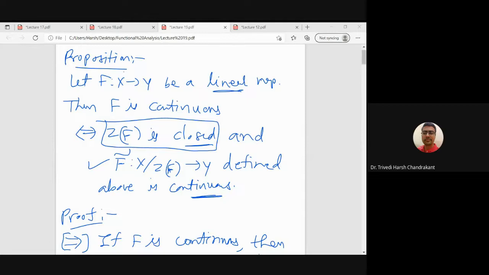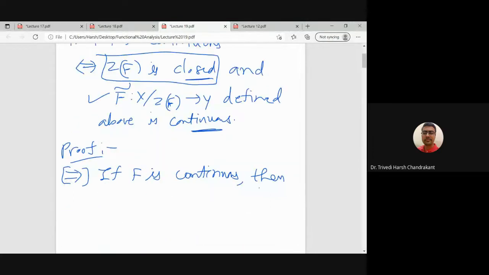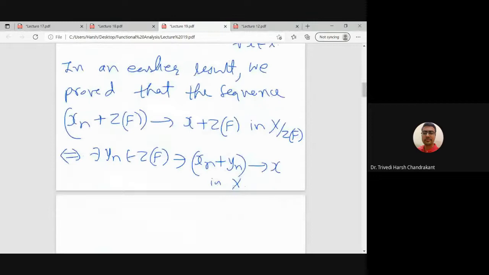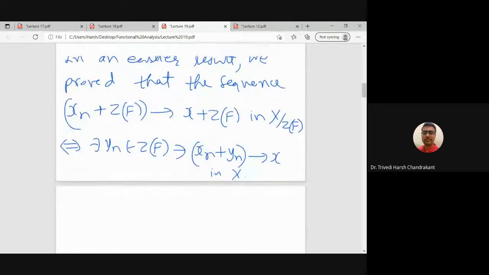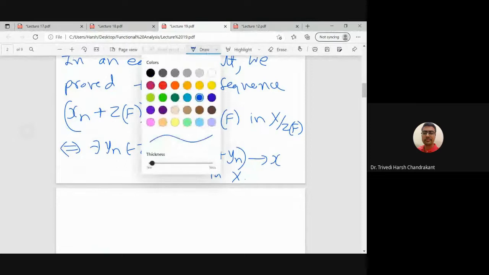So if you want to show f tilde is continuous, what we need to show is: whenever some sequence in the quotient space converges to some element, then f tilde of the sequence converges to f tilde of that element, right? So let us start with that. This result, let us call it star or something. We are going to use that.